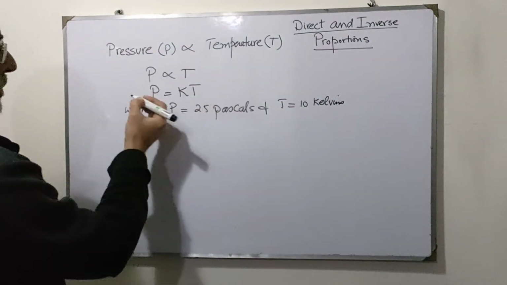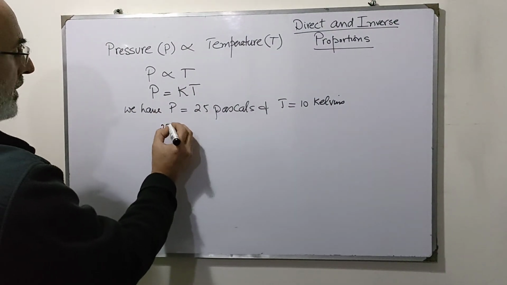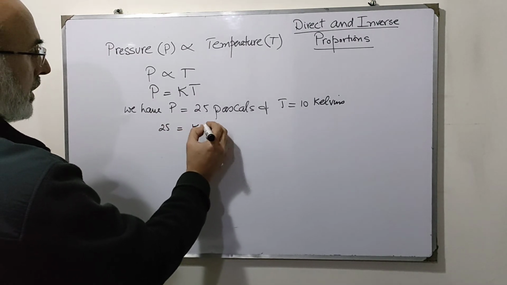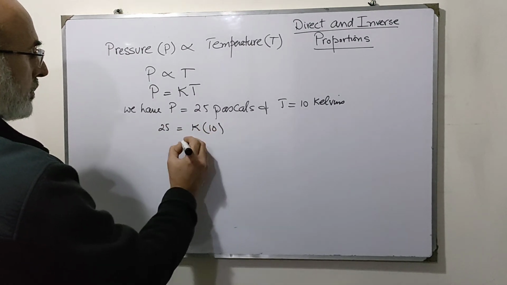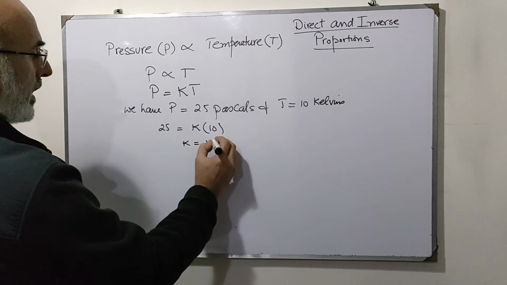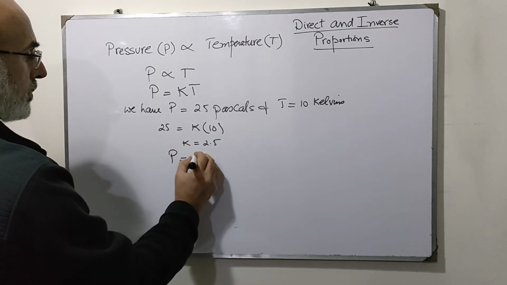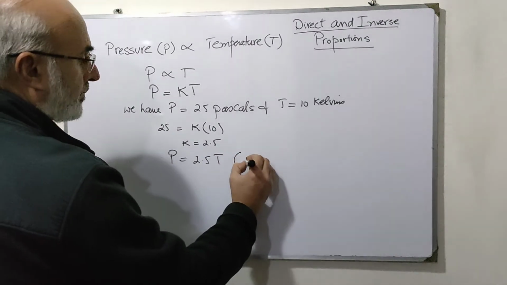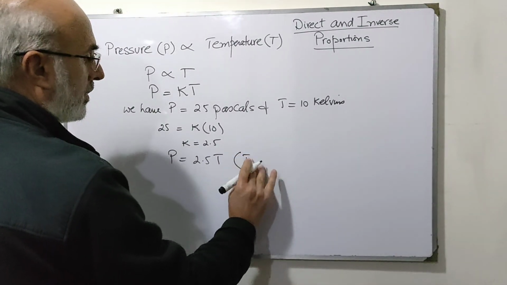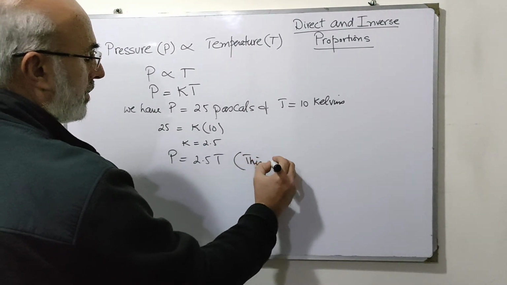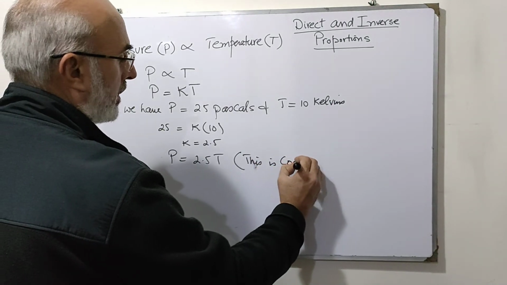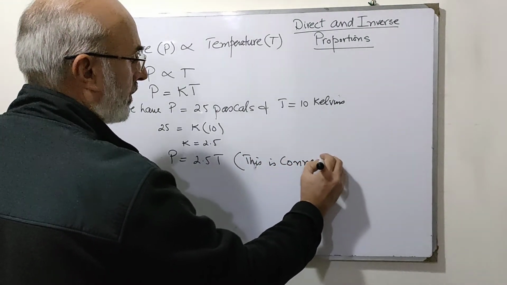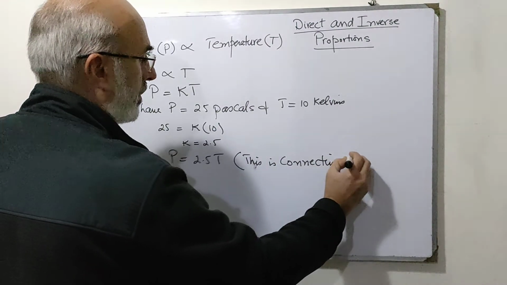If we apply these values, 25 is equal to K into 10. So K is equal to 2.5. So P is equal to 2.5T. So this is our connecting equation.